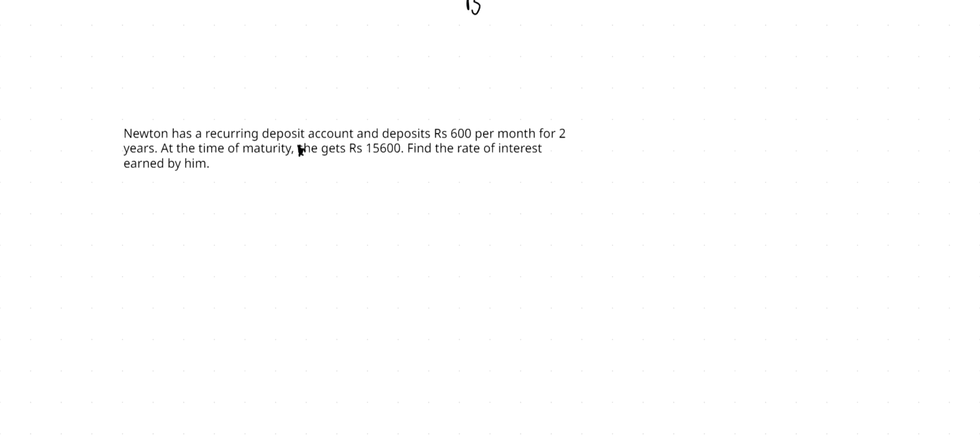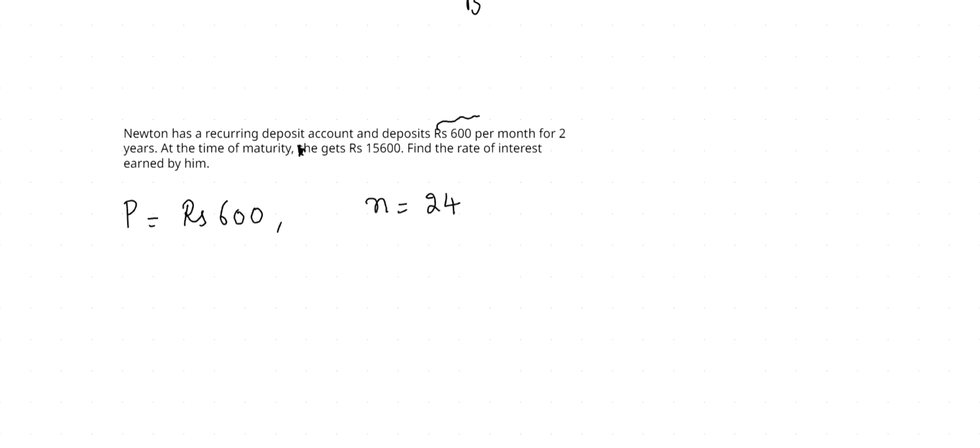So we need to know what he deposits every month. That's called the principal P, the sum per month, that is rupees 600. It's happening for how many years? 2 years. So I told you to compute n as number of years into 12, which gives you 24. The n should be in terms of months, 24 months.